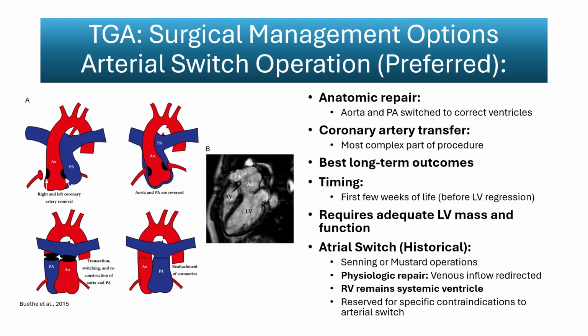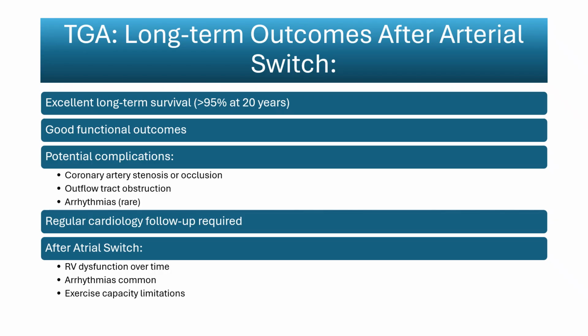Today, atrial switch is reserved for rare cases where arterial switch cannot be performed, such as when coronary artery anatomy makes transfer unsafe. For most infants, early arterial switch remains the standard of care, providing the best chance for durable normal physiology. Long-term survival after arterial switch is excellent, with more than 95% of patients alive at 20 years.